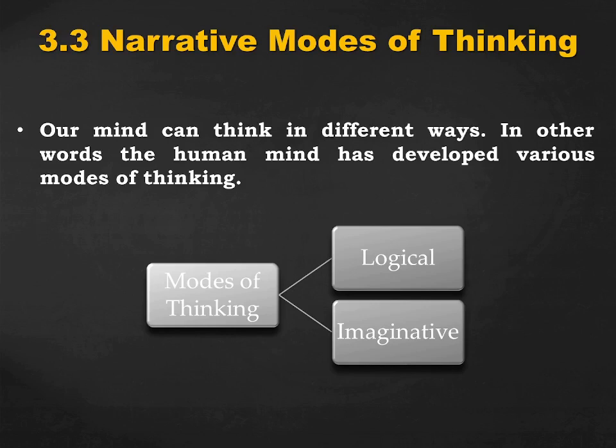Now, what do you mean by logical? Logical means it follows a logic, and that is the cause-effect relationship. So, we will discuss in detail subsequently what is this cause-effect relationship. Second point is imaginative. So, this is basically a kind of an introduction to the discussion which we are going to have soon.